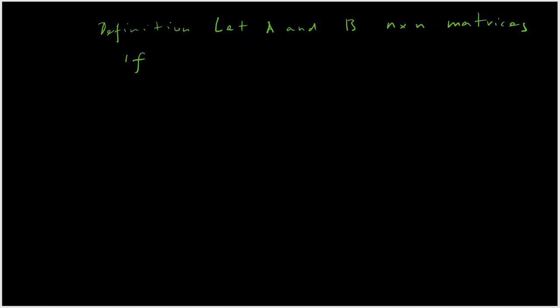Can I start over? I did something a little bit wrong, but it's not wrong. I'm going to define it another way. Let A be an n by n matrix.